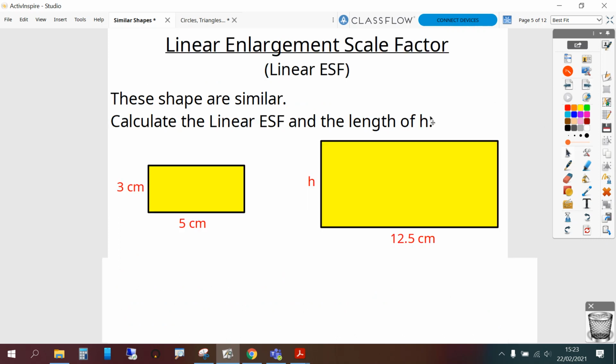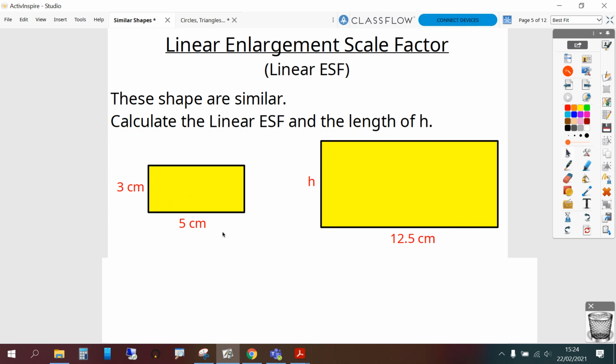An example of a linear enlargement scale factor. So we're told these shapes are similar. Calculate the linear enlargement scale factor and the length of h. So 5 and 12.5, they correspond, because these are the long sides of the rectangles, and h and 3 correspond, these are the small sides of the rectangles.